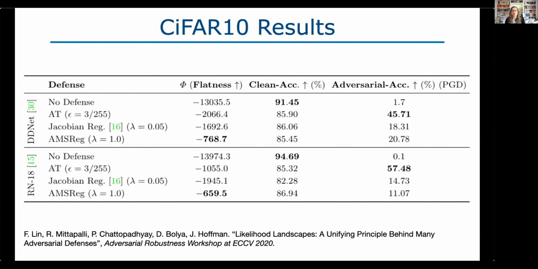To study that, we have some preliminary experiments where we took this AMS metric and turned it into a regularizer itself and trained models in order to induce this flatness. What we found is that it performed similarly to the Jacobian regularizer.